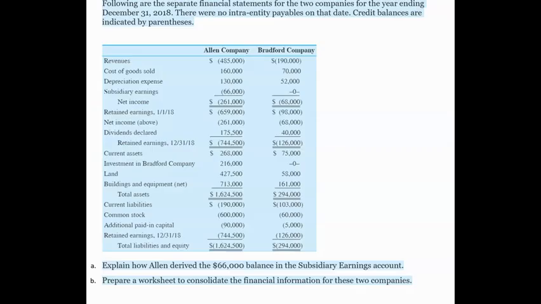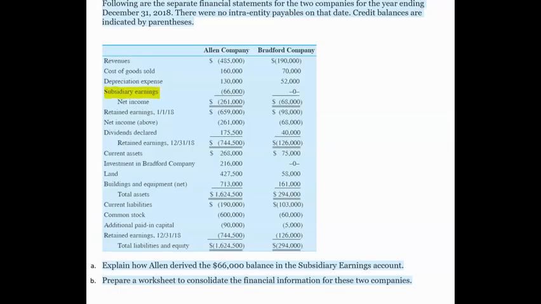First, explain how Allen derived the $66,000 balance in the subsidiary earnings account. Okay, the question is how they get the subsidiary earnings. Well, this account also means the investment income from Bradford Company.